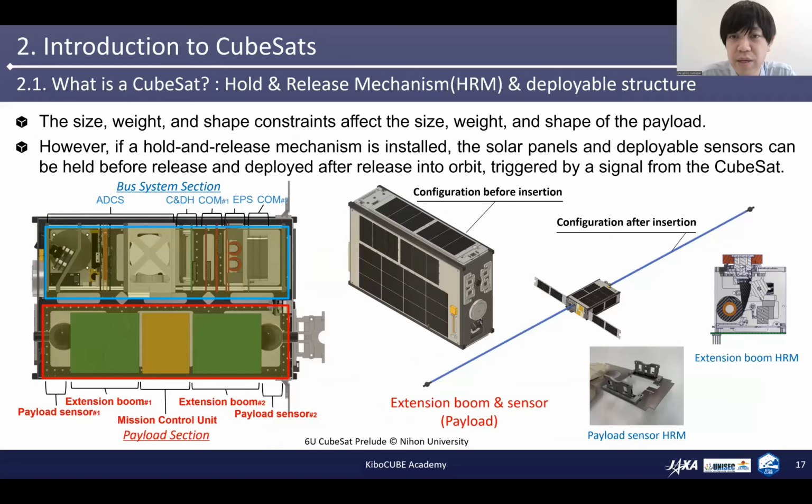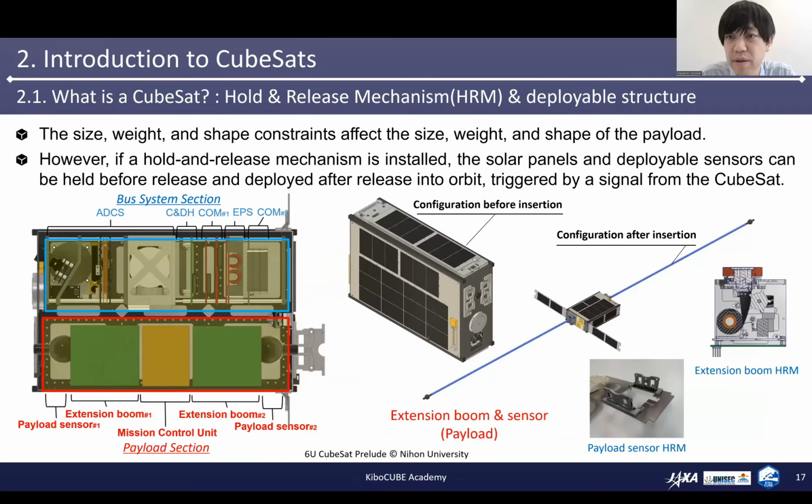As I mentioned in the previous slide, the size, weight, and shape constraints affect the size, weight, and shape of the payload. All CubeSat components must be entirely within the envelope. So, for example, Prelude, a 6U CubeSat, has its bus and payload stored as shown in this figure before launch.